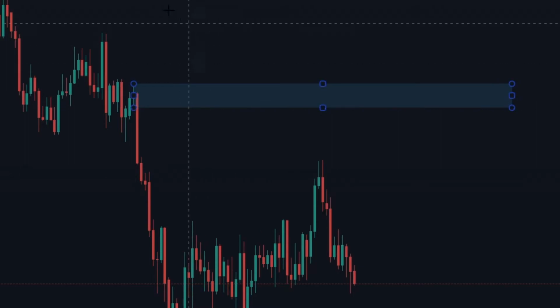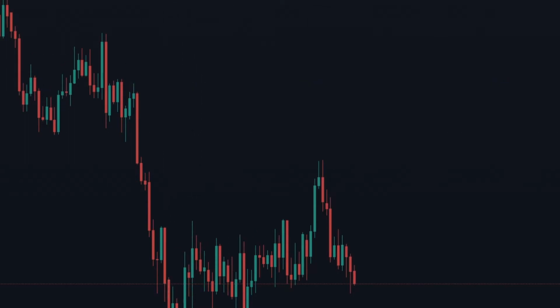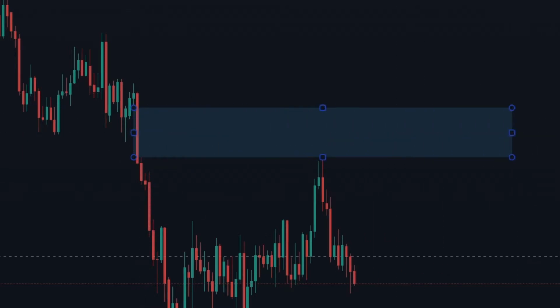If I move that and show you it as this, here and there, that's what's an inefficiency. And as we can see, we only have sellers at this point. Within this point here, we only have sellers. And what price will do is it will come back and fill this inefficiency. So we can expect in the near future, price will come and it will fill this inefficiency.